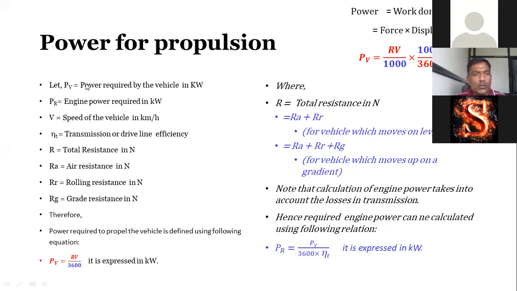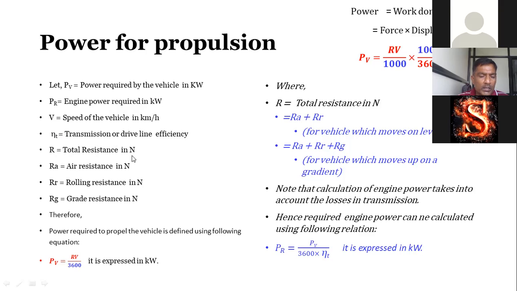Okay. So let PV be the power required by the vehicle in kilowatt. PR, engine power required in kW. V, speed of the vehicle in kilometers per hour. Eta T, transmission or driveline efficiency.